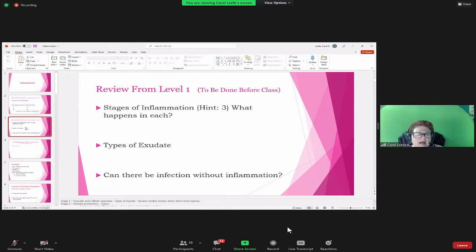So a lot of times, when you first see, especially if they put drains in after a surgery, it's going to be bloody, right? Due to those freshly cut skin tissue damage, and then the blood vessels. So it's going to be bloody.